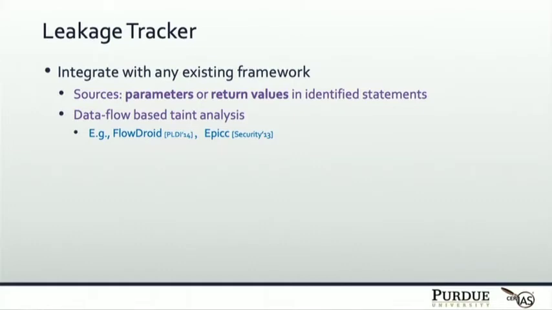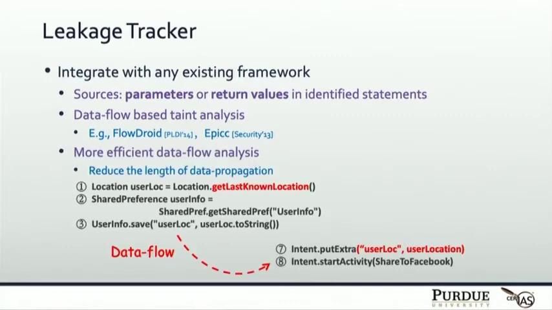After we label those either parameters or the return value, we can use existing data flow-based taint analysis to track those sensitive data. And what is unique for ClueFinder is its utilization of semantics to enhance the taint analysis, which brings a more efficient way to detect privacy leakage.